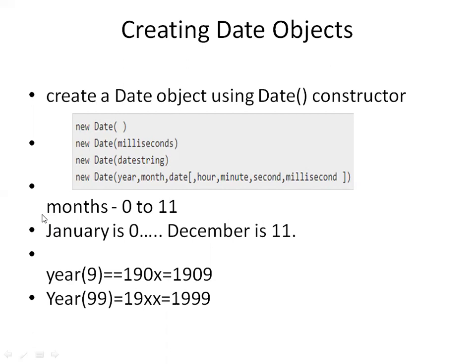Here we have to make a note: months are counted from 0 to 11. What does it mean? January is 0, February is 1, and in this way December is 11.